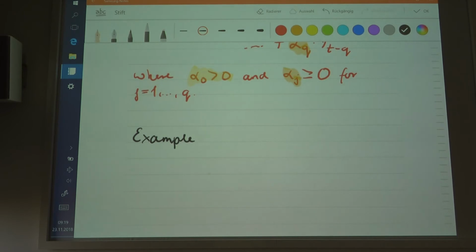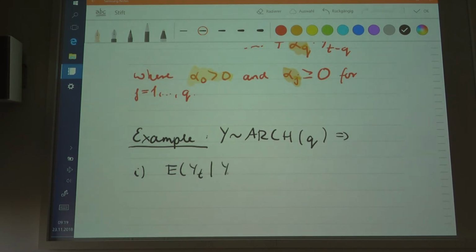If Y is an autoregressive conditional heteroskedastic process of order q, then this immediately implies that its conditional expectation is 0. In this case it is relatively easy to show that the unconditional expectation is also 0.